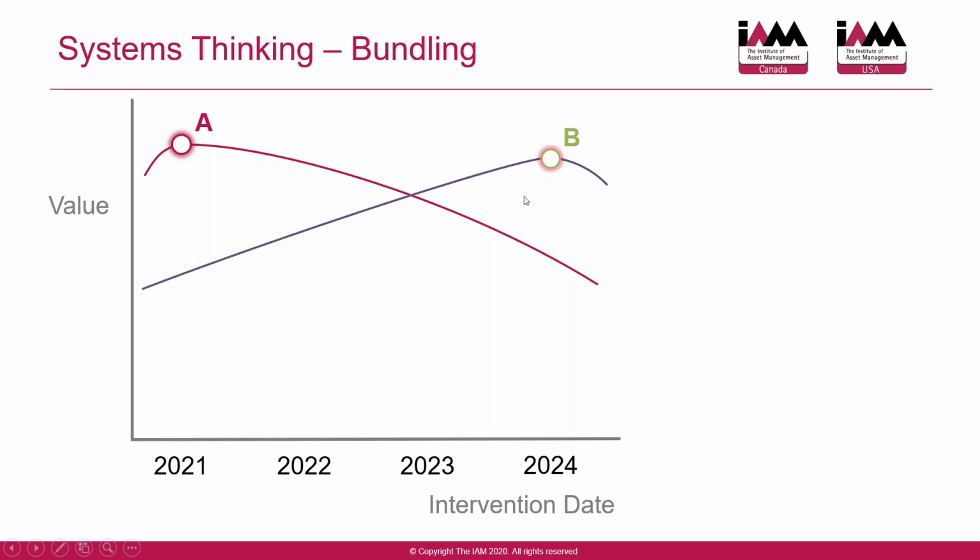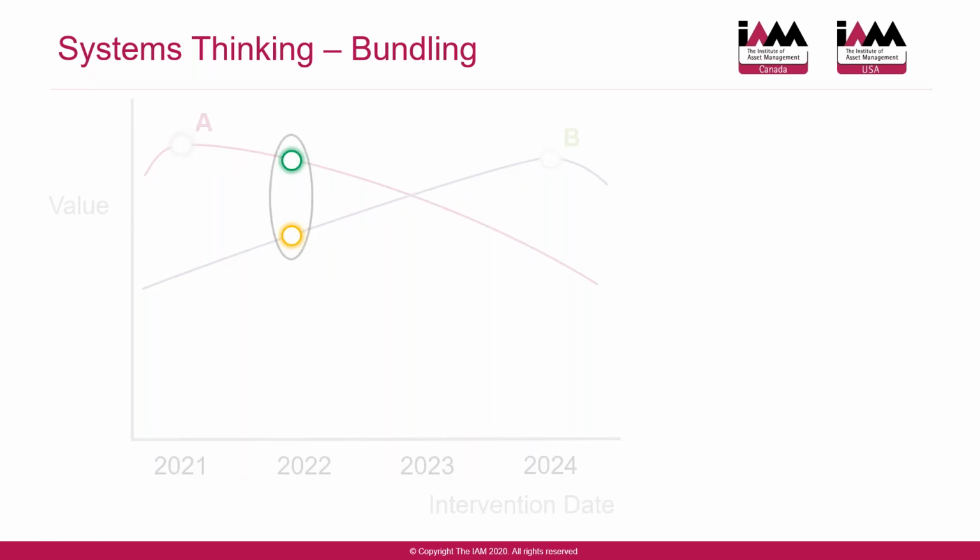But what if there's a benefit from doing these assets at the same time? If we do them in different years, we won't get that benefit. So what we can see is if we shift those both to 2022, there's a big cost savings from doing the work together.